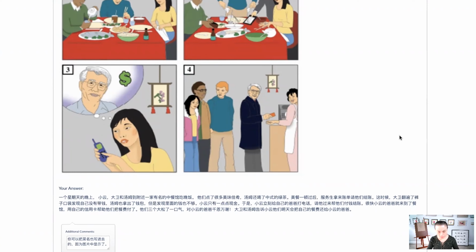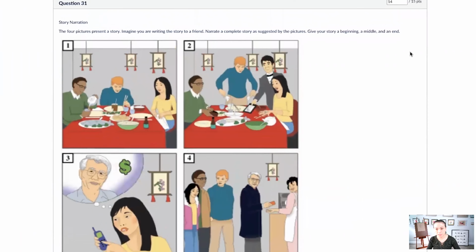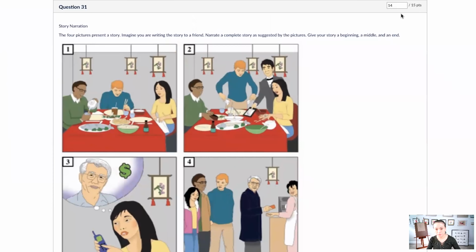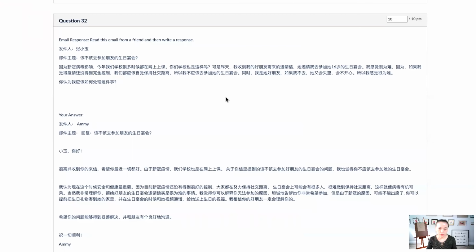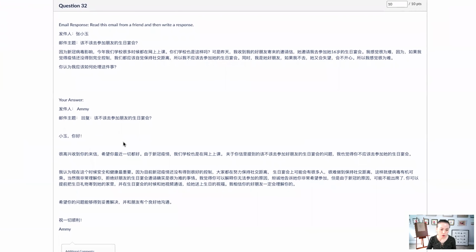Her writing meets most of the requirements of a high-scored story narration. That's the reason she earned 14 on this question. What I really like is that she really wrote an email. Most of you only do the other part, and you don't like writing an email. You should respond with an email.